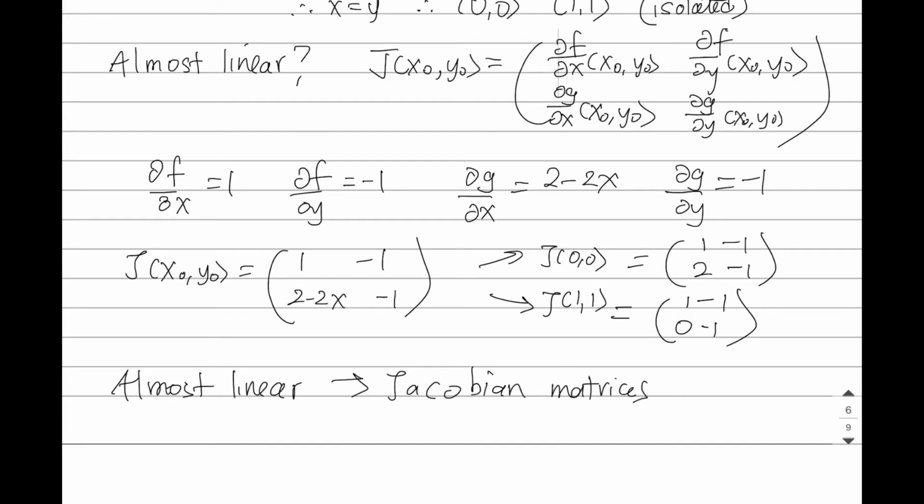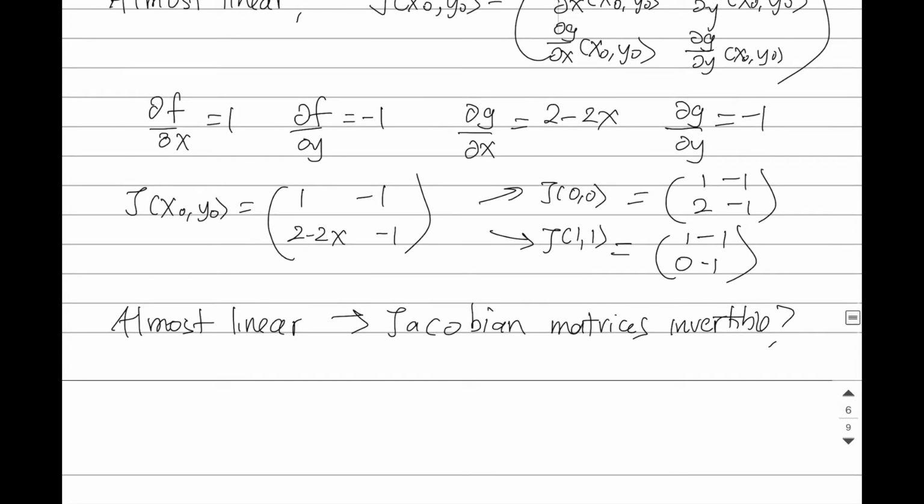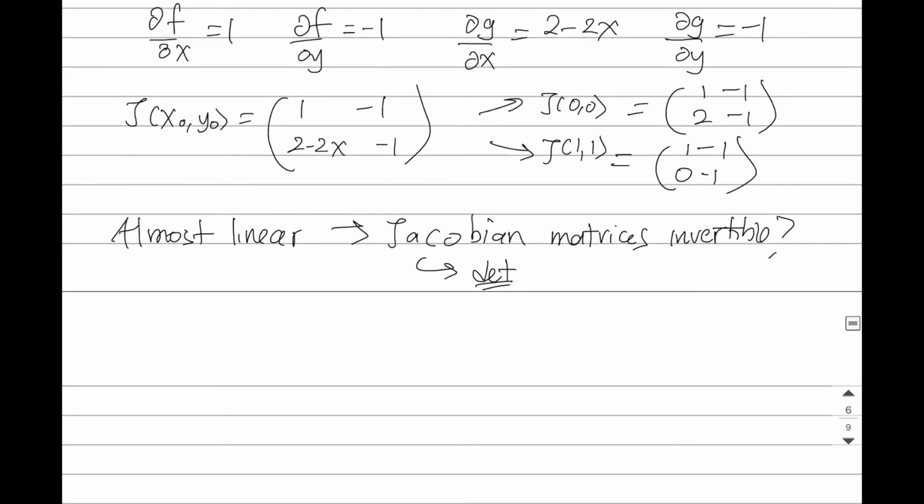Now, being invertible, it's very easy to check. What we need to do is check the determinant. So you can see that the determinant of this Jacobian at 0, 0 is simply going to be -1 minus -2, which is 1. That means it's invertible, and that means it's almost linear.